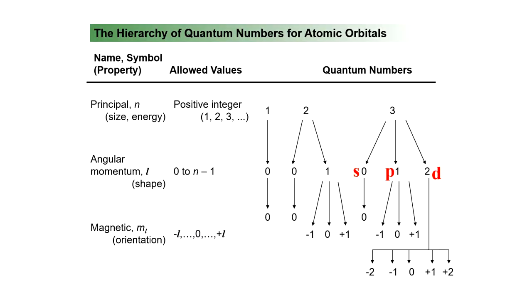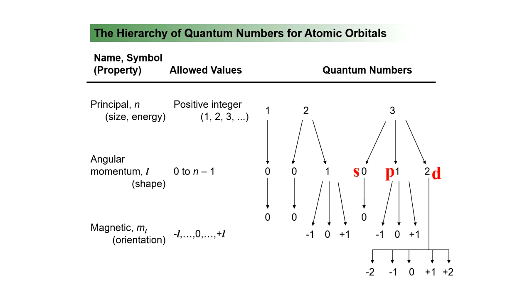If you remember, we had 3 quantum numbers that define each energy state, or each what we call atomic orbital. And those 3 values are shown on the left-hand side here. The n value is the principal quantum number, the L value is the angular momentum, and the m sub L value is sometimes called the magnetic quantum number or the orientation.